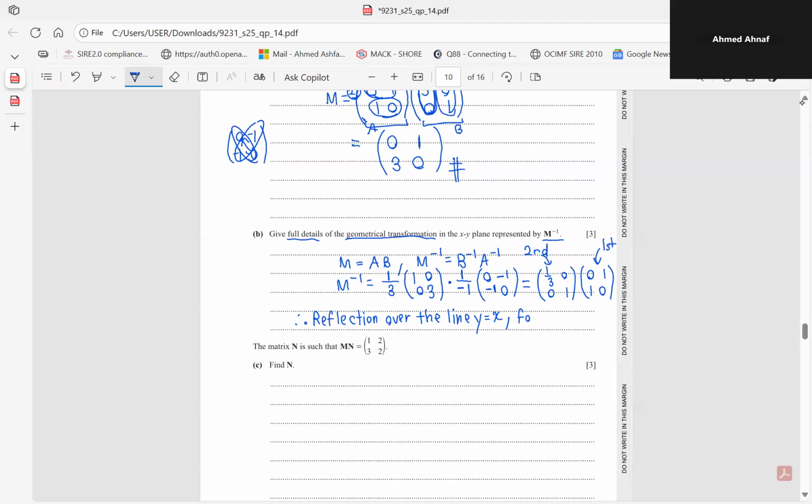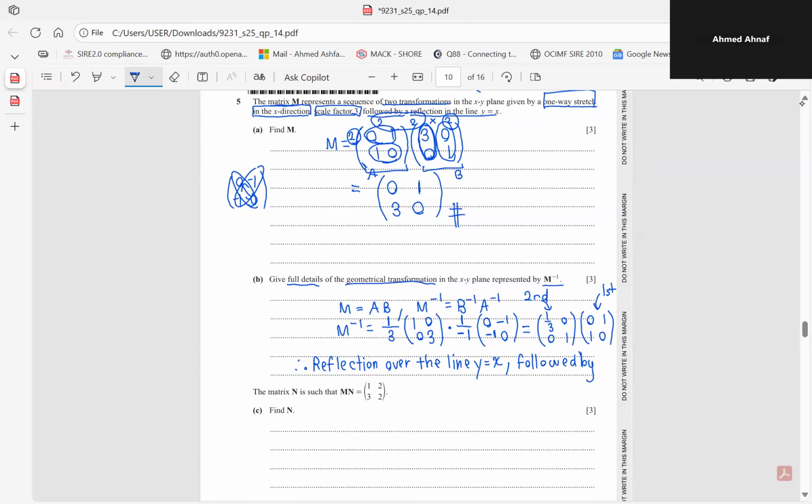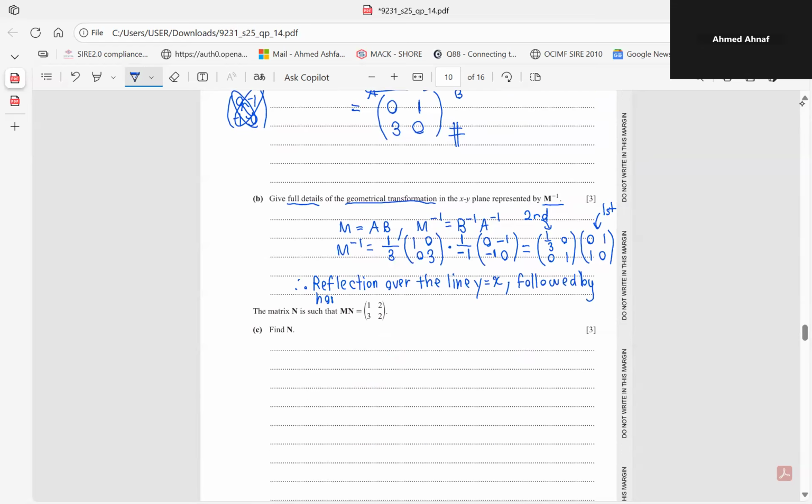And then this is followed by the second transformation, which is actually a stretch in the x direction of scale factor 1/3. I'm just going to write horizontal stretch, scale factor 1/3.